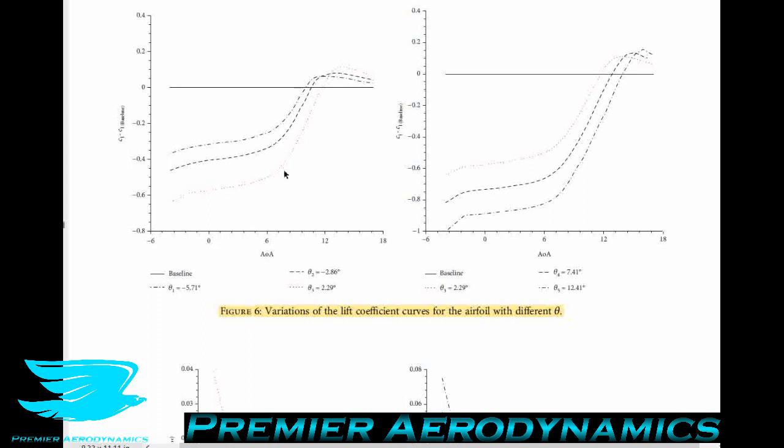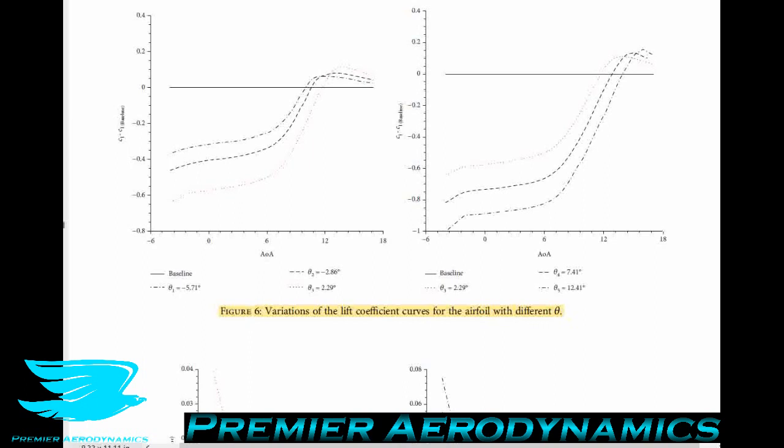Regardless of this angle, at pre-stall angles of attack, so below like 10 degrees, the airfoils had a worse lift coefficient. But once we get to the stall and post-stall regimes, the airfoils increased the lift coefficient. And that's what we found with the general trend before.